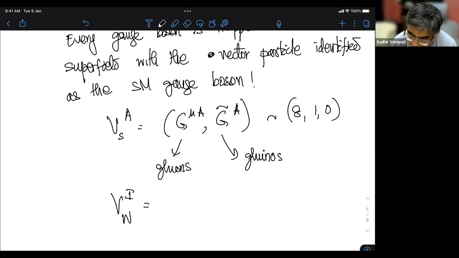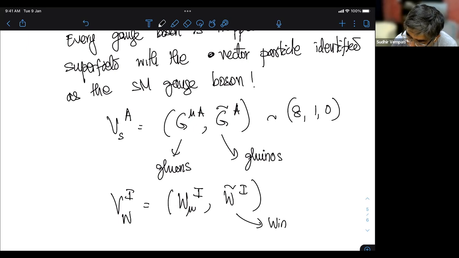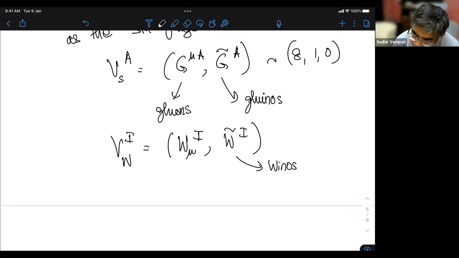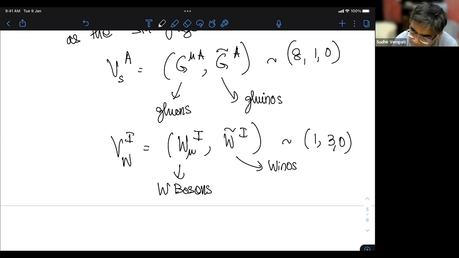Then SU(2) has W_mu^I and W tilde I. These are essentially called winos, and these are your W bosons. They transform as 1, singlet, 3, 0.